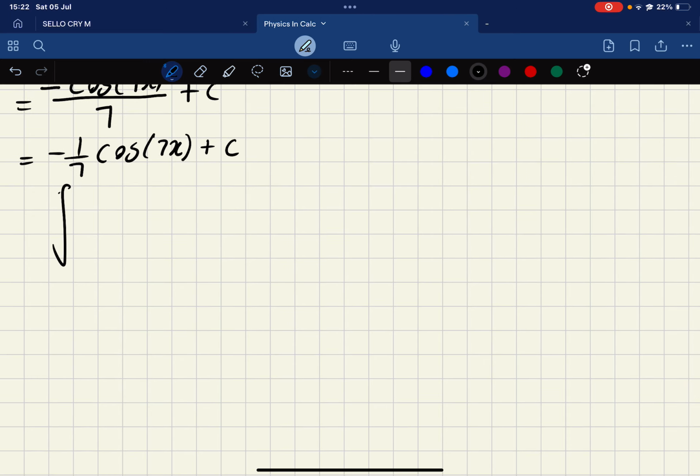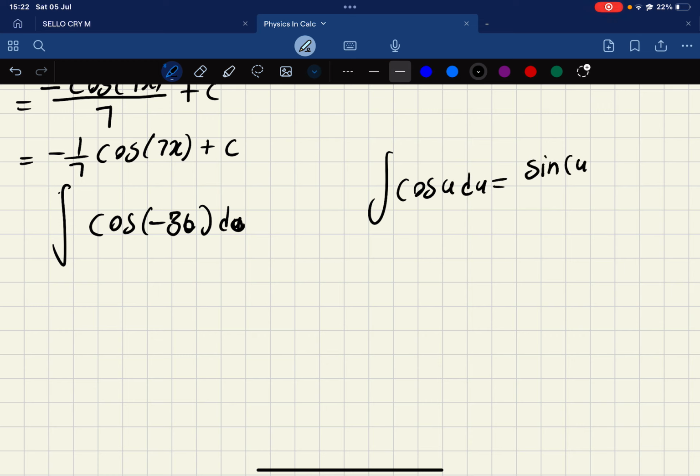Then let's say they ask you, what is the integral of cos negative 3 theta d theta? You know the formula says the integral of cos u du is equal to sine u over u prime plus c.